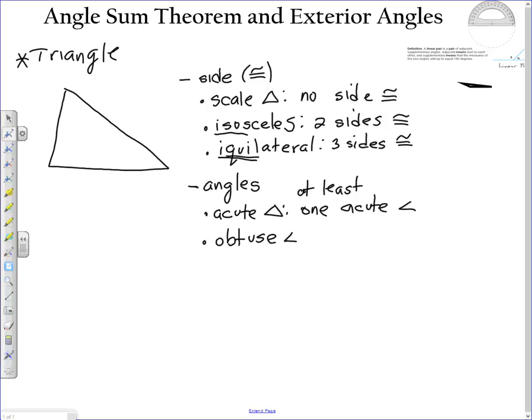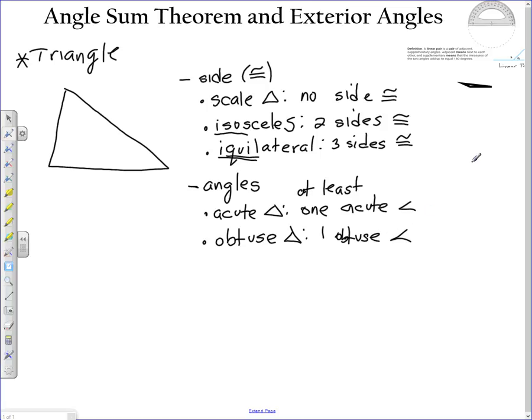Now, an obtuse triangle is one with an obtuse angle. If there is at least one obtuse angle, then it is an obtuse triangle.